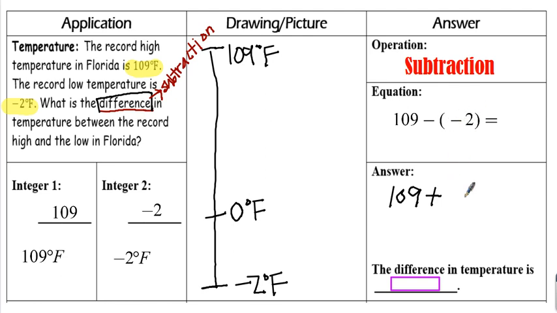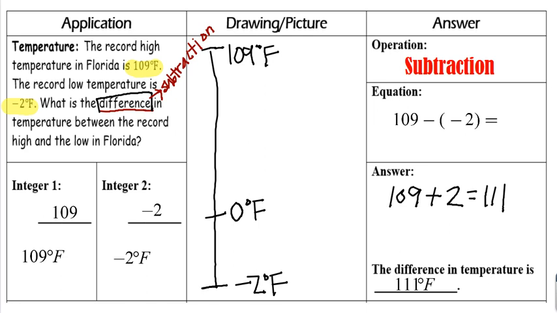So the opposite of -2 is +2. And 109 minus -2 turned into 109 plus 2, which is like adding the opposite. And we get 111 when we add them. So the difference in temperature between 109 degrees and -2 degrees Fahrenheit would be 111 degrees Fahrenheit.